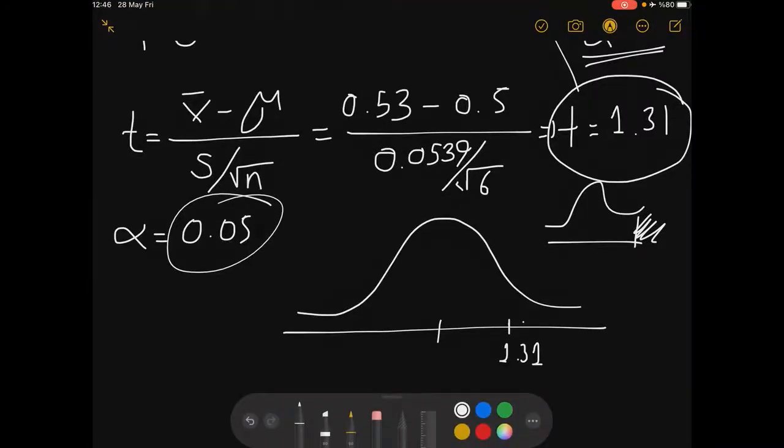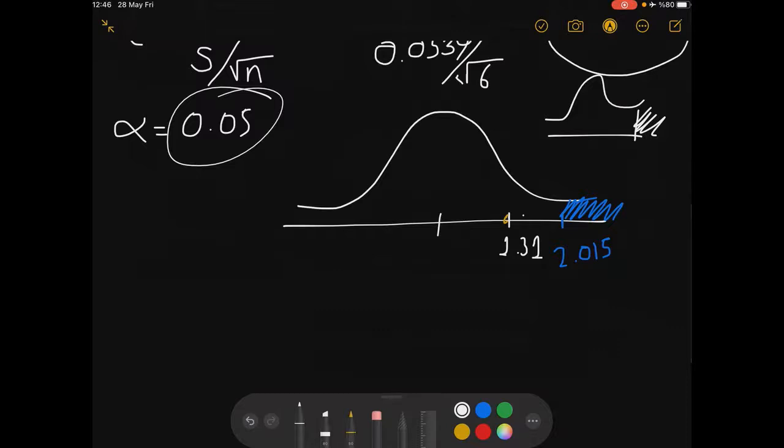Where is your rejection region here? Right here, 2.015. This is your rejection region, and no, you couldn't reach it, right? Now the answer to this question is H0 cannot be rejected.